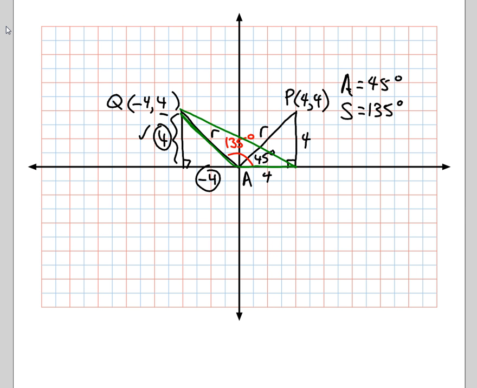Okay, I've cleared out some of the things that have already been calculated for us. Remember that the value of r is equal to the root of 32. I'm just going to keep using the same diagram, same values, just for convenience here.